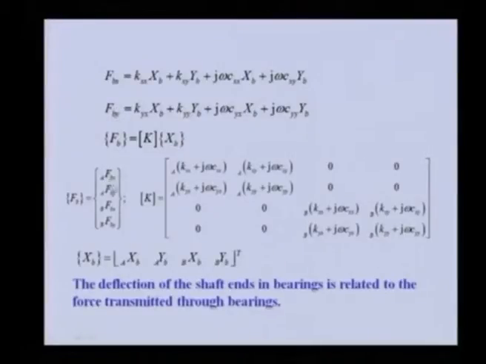So this is the assembly of 4 bearing forces at bearing A and bearing B, and correspondingly the Xb, because we have 2 bearings, so x and y direction displacements of the bearings, and this is on the right hand side.